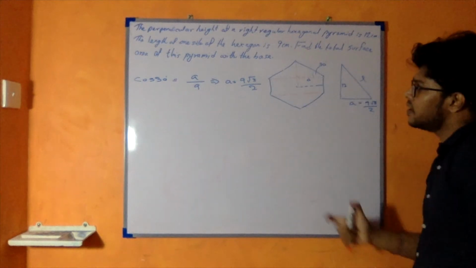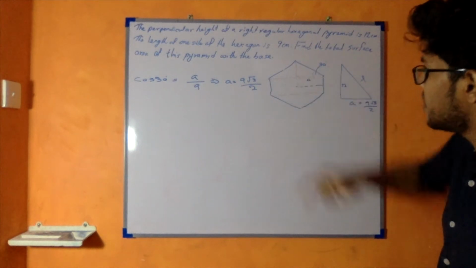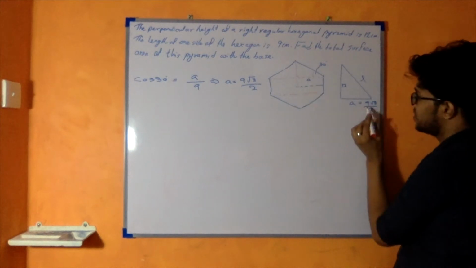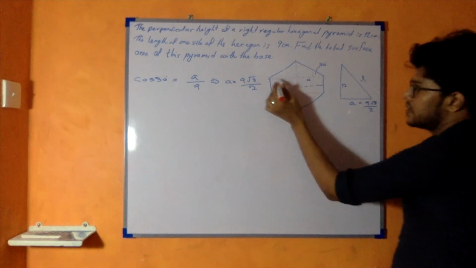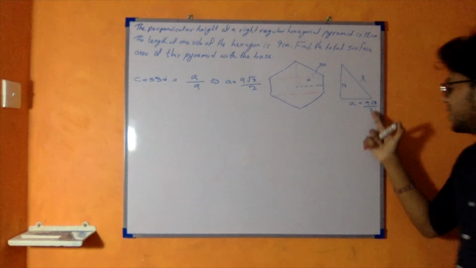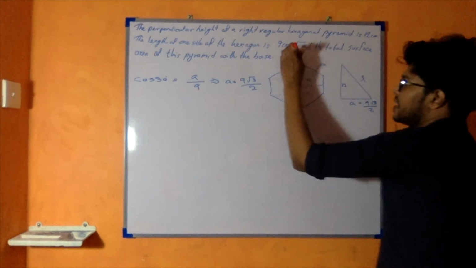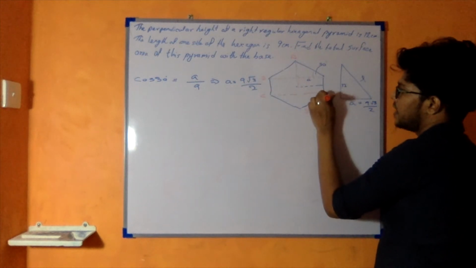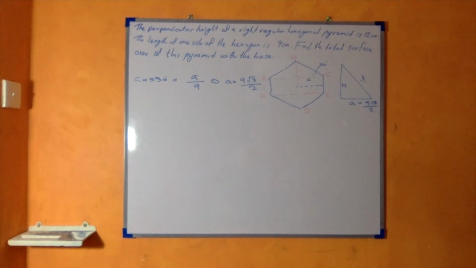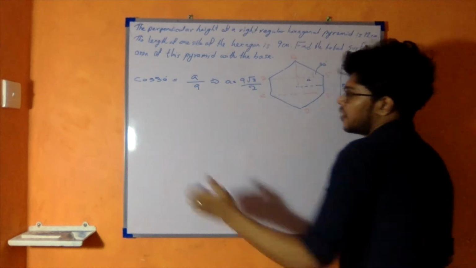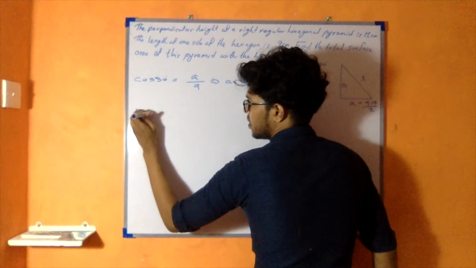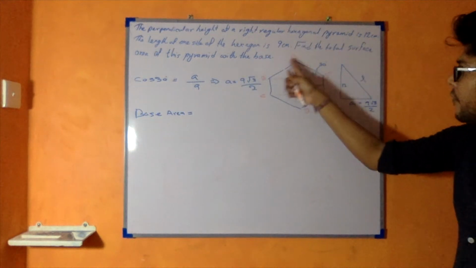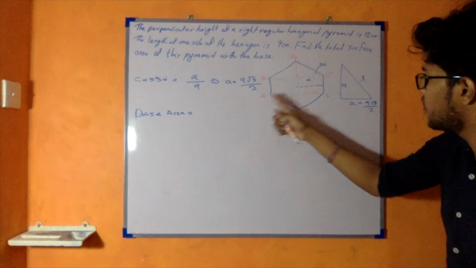Now you can see we have 2 triangles and 1 rectangle, right? We know this length from the A, so the distance from here to here is going to be twice that, which is 9 root 3. Let me name this A, B, C, D, E and F. So the total base area is going to be the area of ABF plus the area of CED.